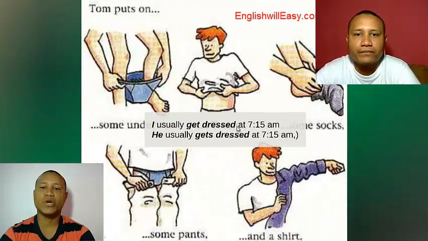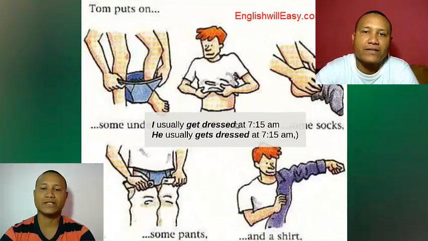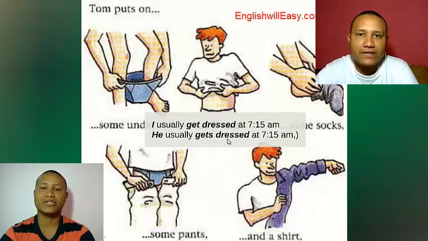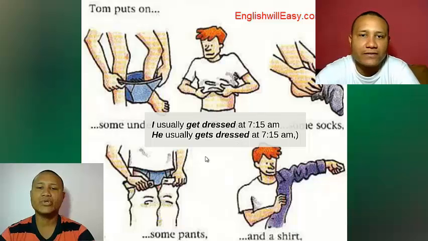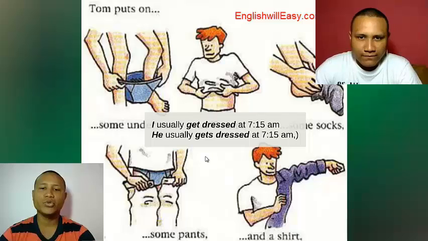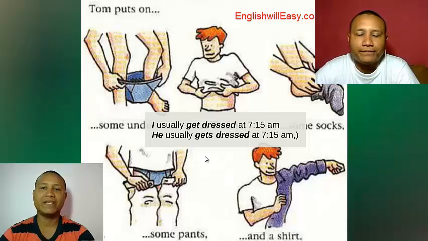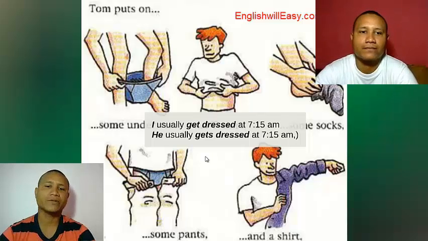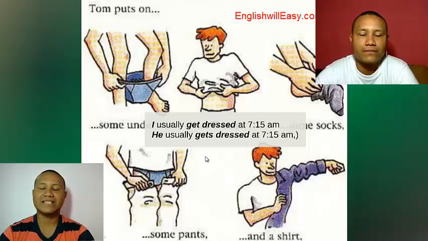Repeat. Get dressed. Gets dressed. I usually get dressed at 7:15 a.m. He usually gets dressed at 7:15 a.m. Question. Does he get dressed at 7:15 in the morning? Yes, he does.